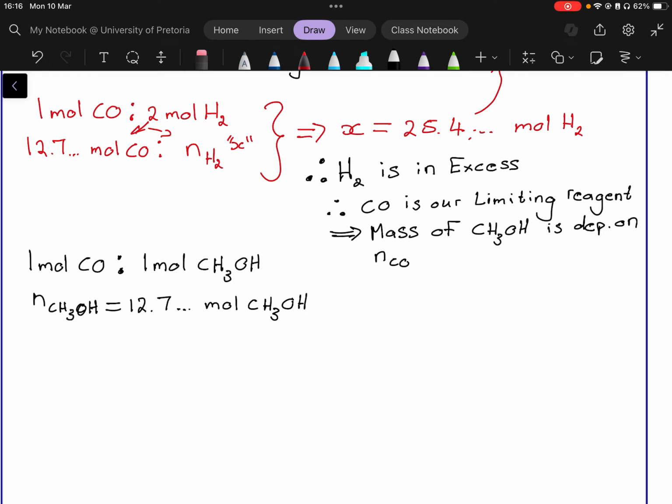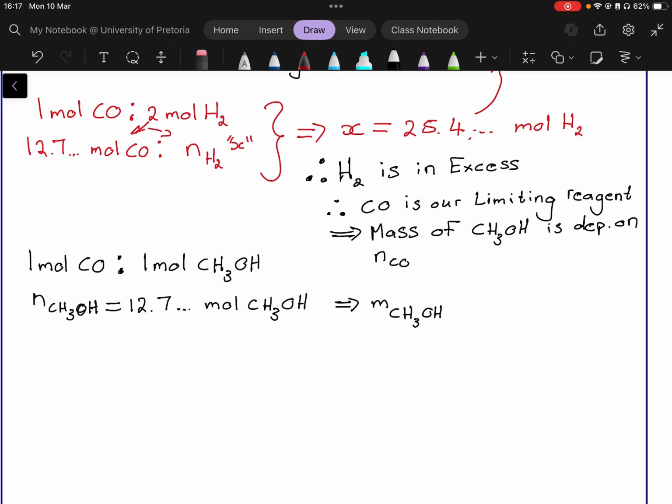If this was a 2 or a 3, we would have had to do some calculation to determine the number of moles that form. But in this case, it's 1 to 1, so we can just immediately write it. So now we know the number of moles of methanol that form.